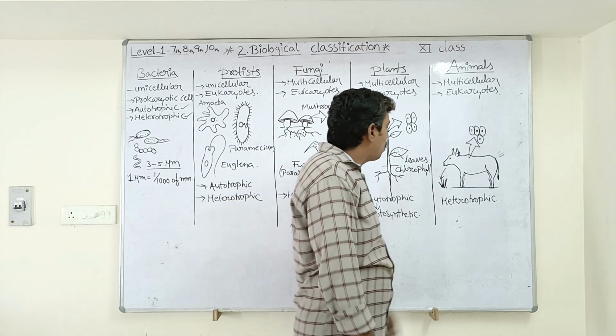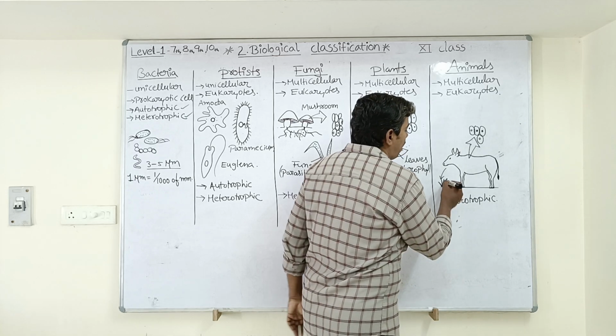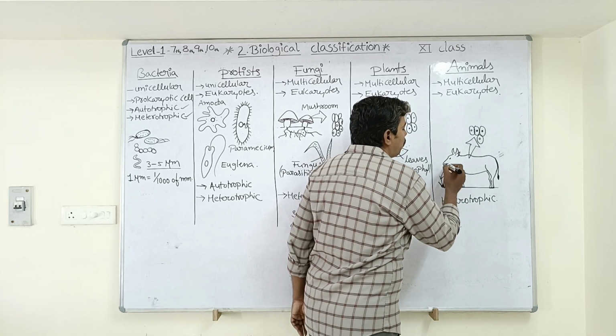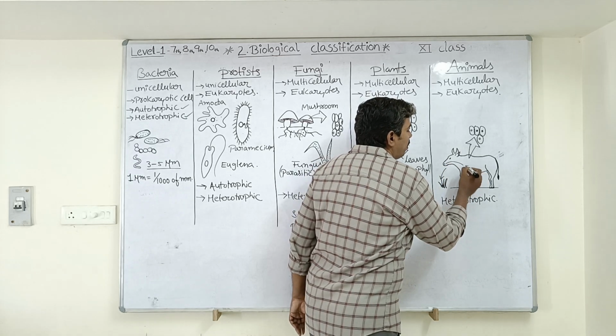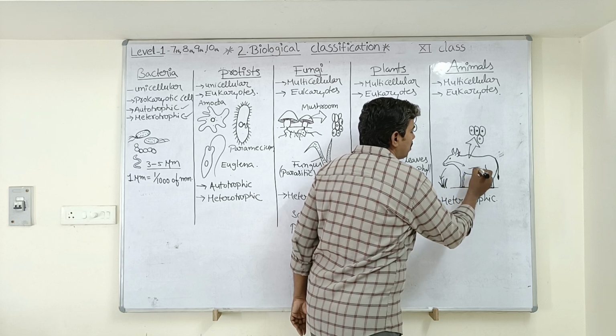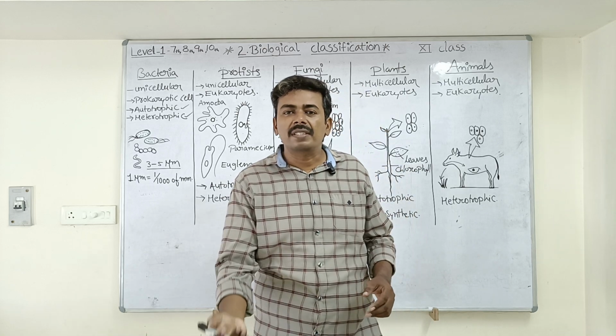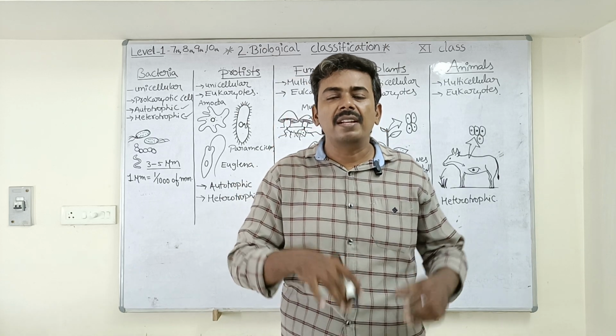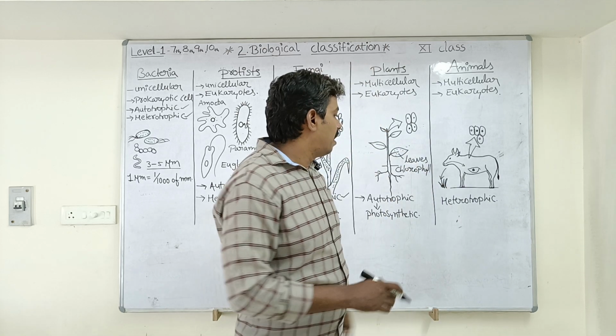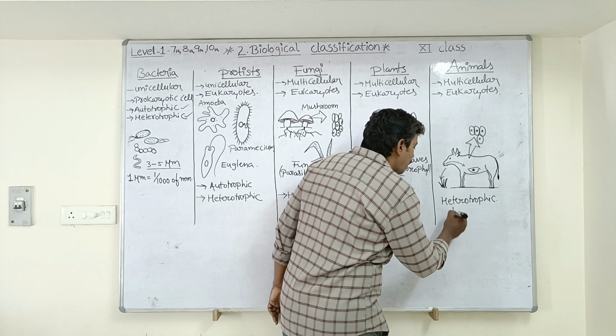Okay. So moreover, the animal eats the entire food. It will consume the entire food. The food will enter into the digestive system. In the stomach, the food gets digested. So when a food material is taken into the body and it gets digested internally, then it is called holozoic.